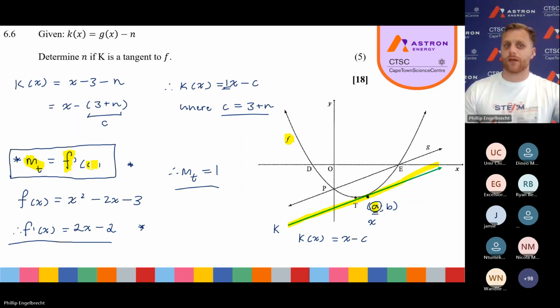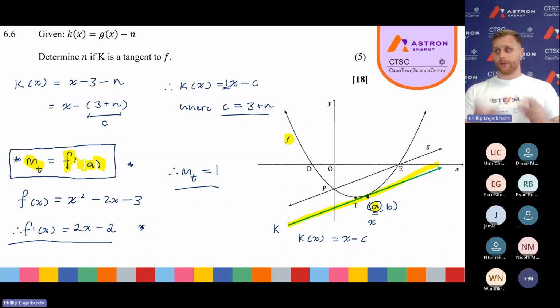So I hope you understand that. The gradient of my tangent is equal to the first derivative at that point where x is equal to a. Now, I know from this equation over here that k of x is simply equal to 1x minus c, and remember, c is that constant.